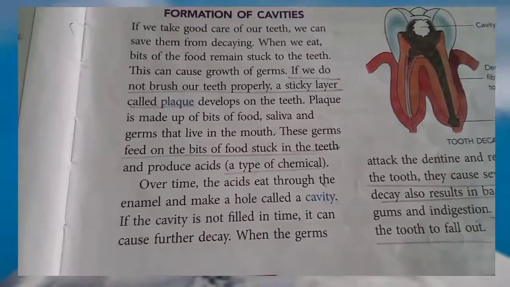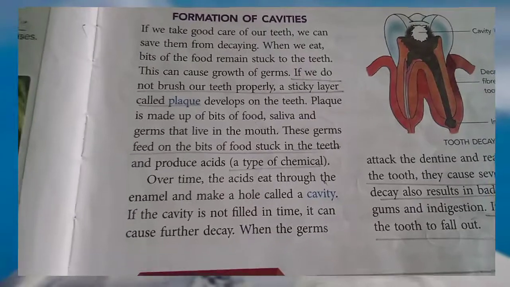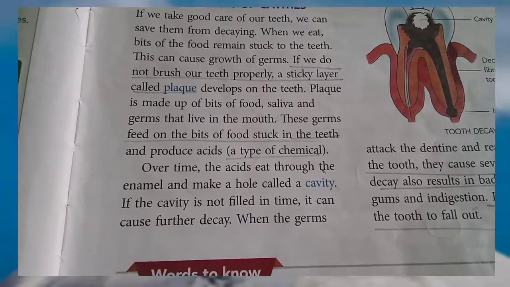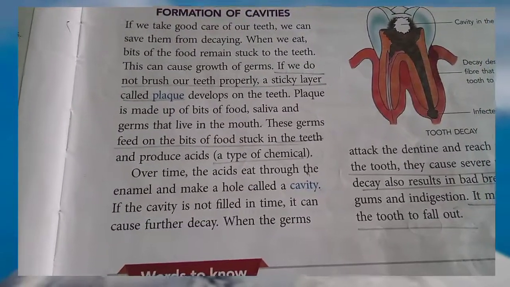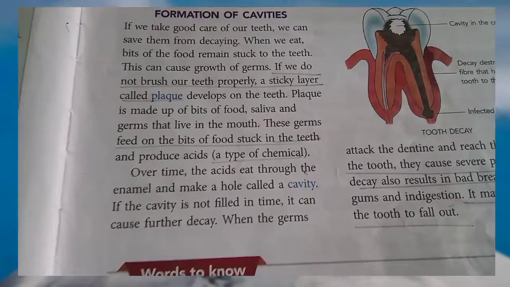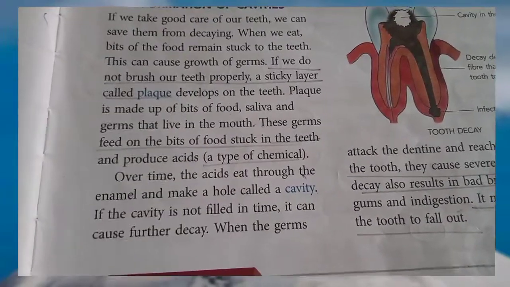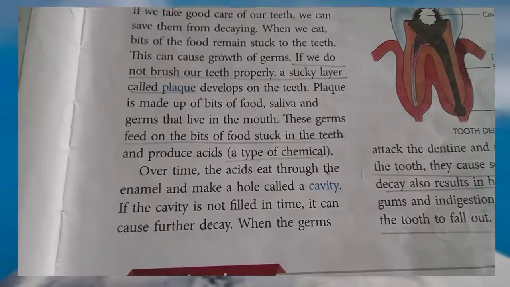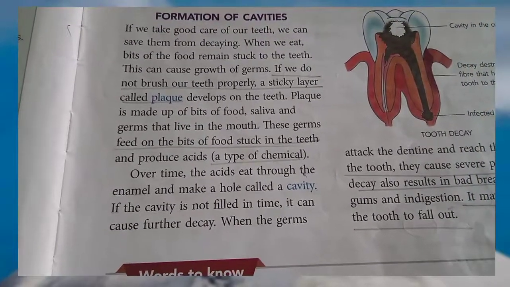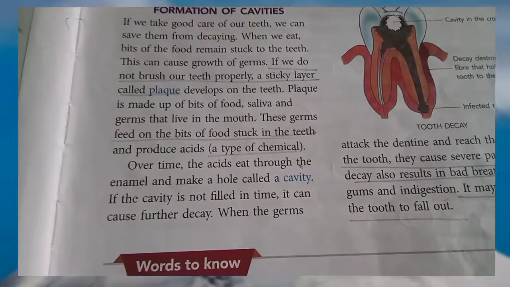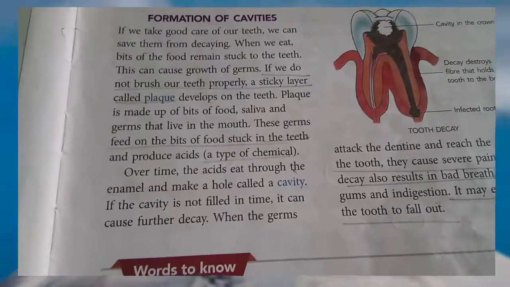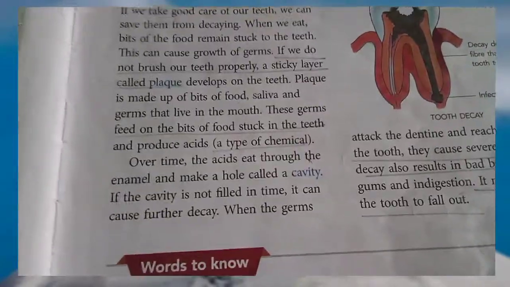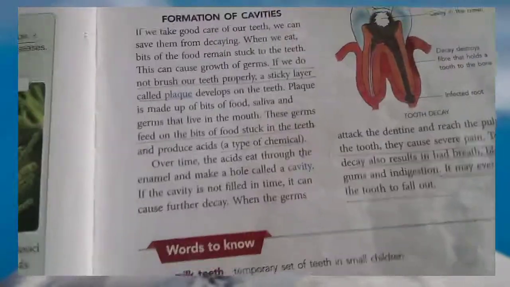If we do not clean, plaque develops on the teeth. Plaque is made up of bits of food, saliva and germs that live in the mouth. These germs feed on the bits of food stuck in the teeth and produce acids. Acid is a type of chemical.